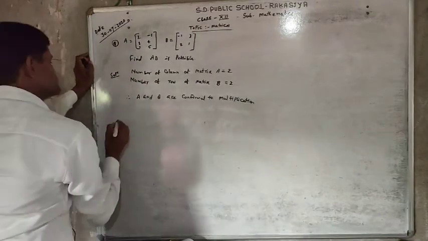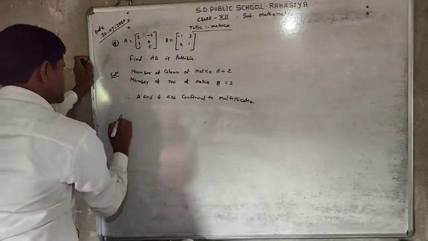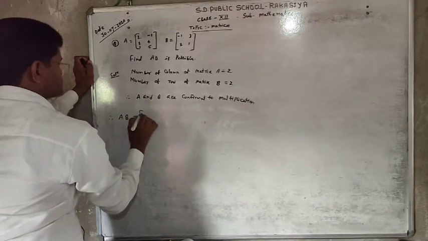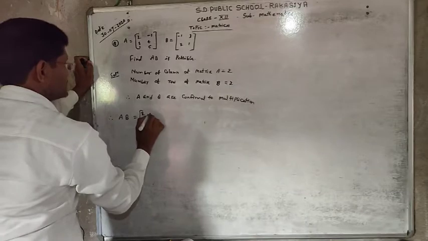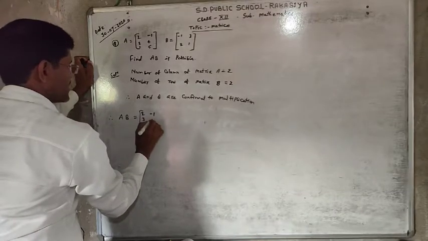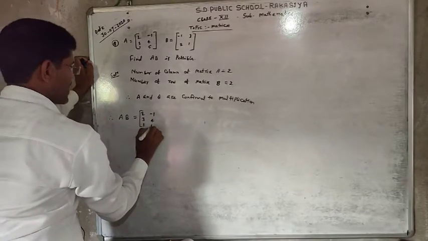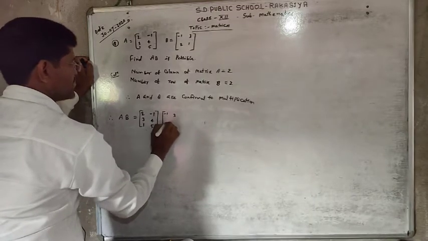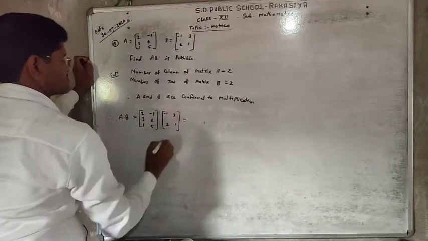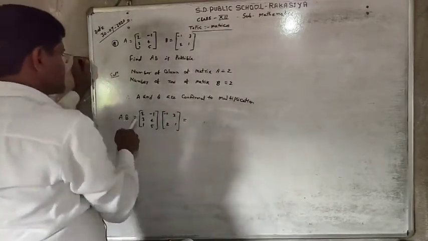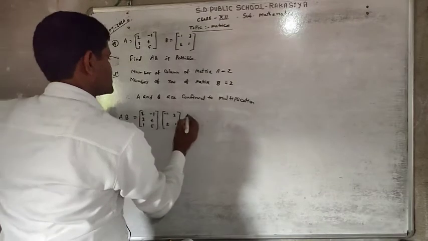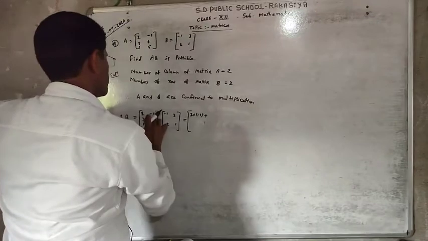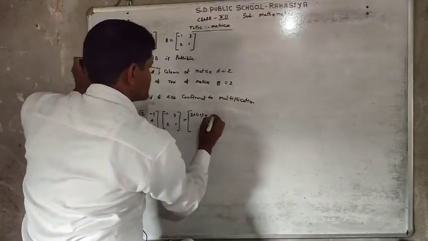Now we can multiply this. Therefore, AB is equal to, first of all, matrix A is [2, -1; 3, 4; 1, 5] and matrix B is [-1, 3; 2, 1]. We multiply 2 into -1 plus -1 into 2.